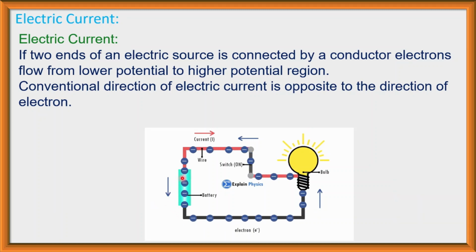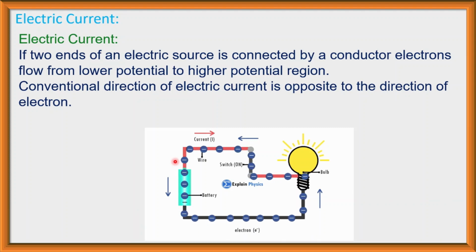That is, current is flowing from positive to negative direction, but actually electrons flow from negative terminal to positive terminal, that is lower potential to higher potential region.